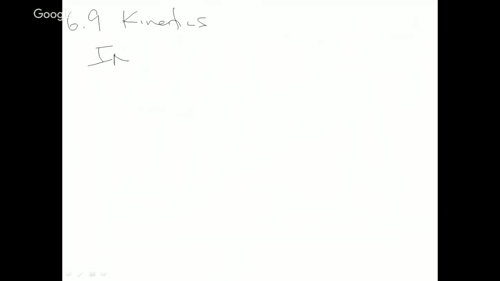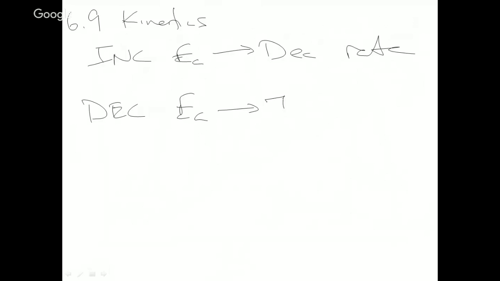So if we increase the activation energy, we decrease rate. Qualitatively, you should be able to work through these things, see a diagram, perhaps, and explain it. If we decrease activation energy, we increase rate.